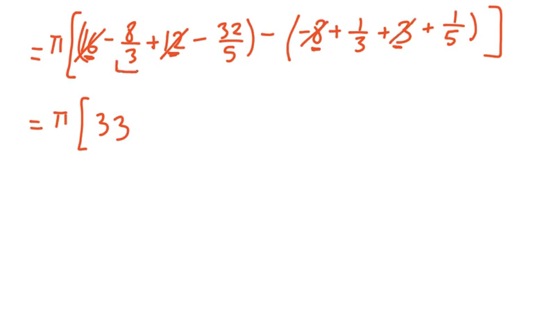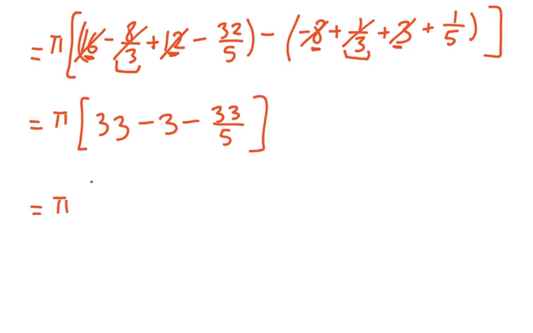If I take -8 and I subtract -1/3, I get -9/3. But -9/3 is equal to -3. So I subtract off 3. And then I'm going to take -32 over 5 and subtract off 1/5, and I get minus 33 over 5.